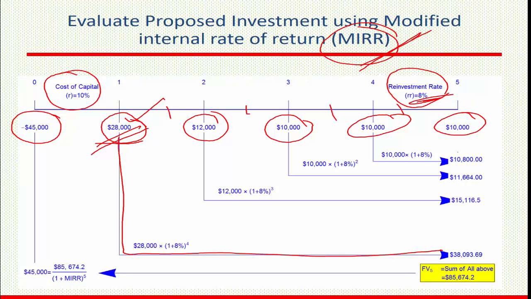That's what I have calculated. How do you do this? 28,000 times 1 plus 8% to the power 4. And that gives us the terminal value of the 28,000 after 4 years. Similarly, you get 12,000 after 2 years, and you can reinvest that at 8%.